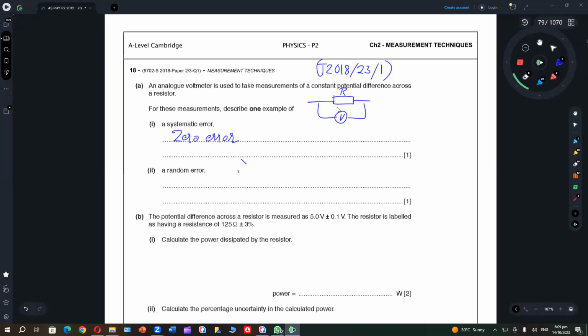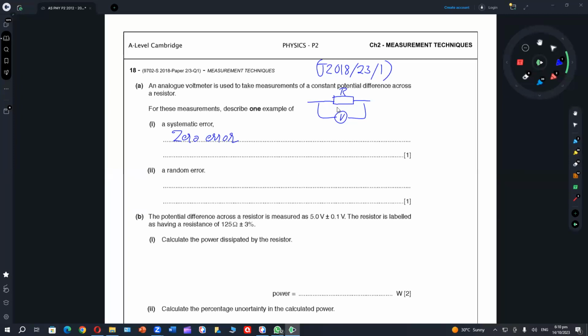A random error. Then he says random error.